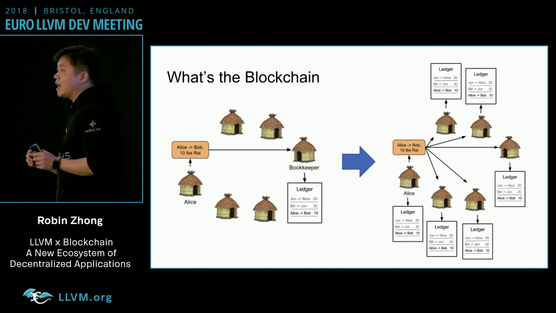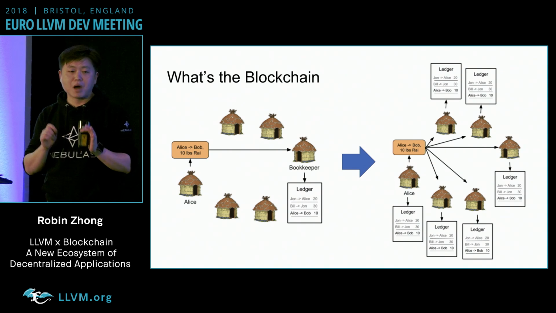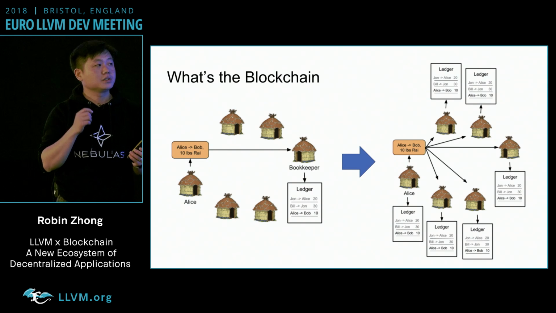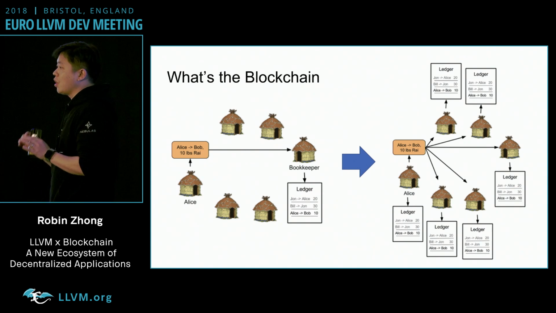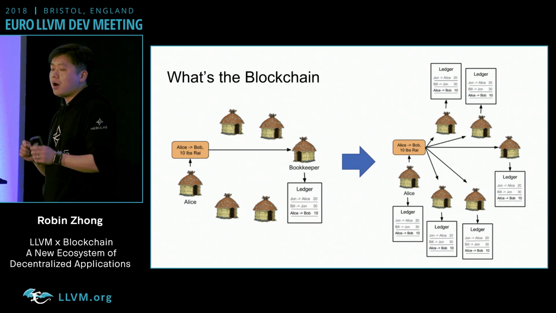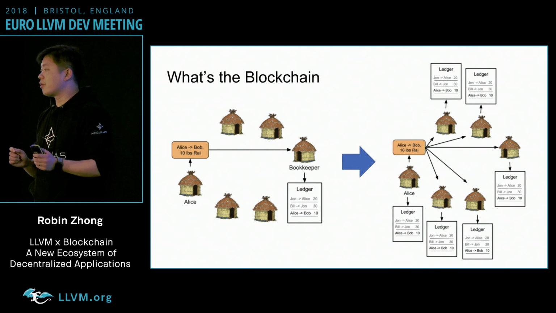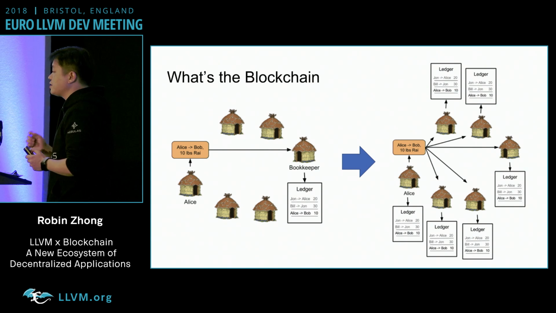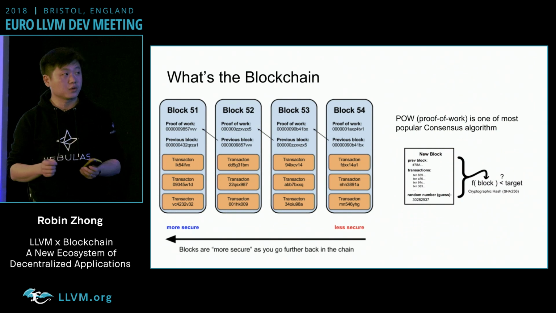That means other people will know that Bob has more money and Alice has less. That's the essence of blockchain: all the nodes and users maintain one public open ledger, recording the same information, which prevents trust issues and keeps all the data consistent across the whole network.